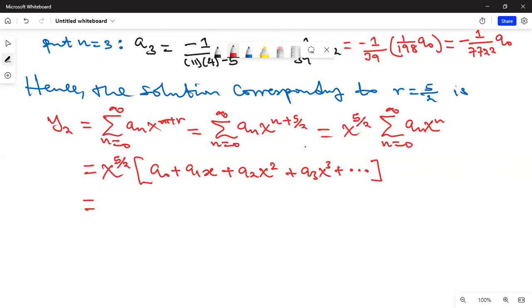So this will be equal to x raised to 5 over 2 times a naught, but we know a1. What did we get as our a1? It was negative 1 over 9 a naught. Negative 1 over 9 a naught x. The other one is negative 1 over 22. Remember, that is a2.